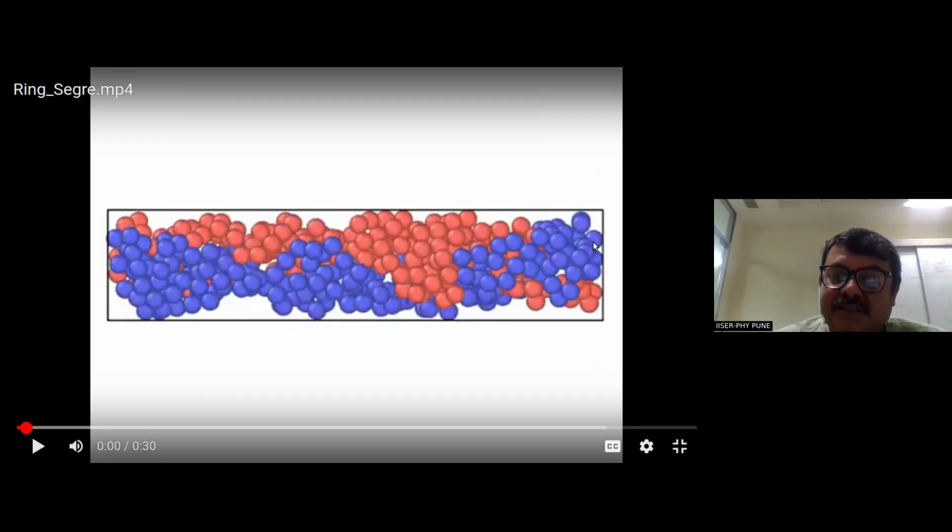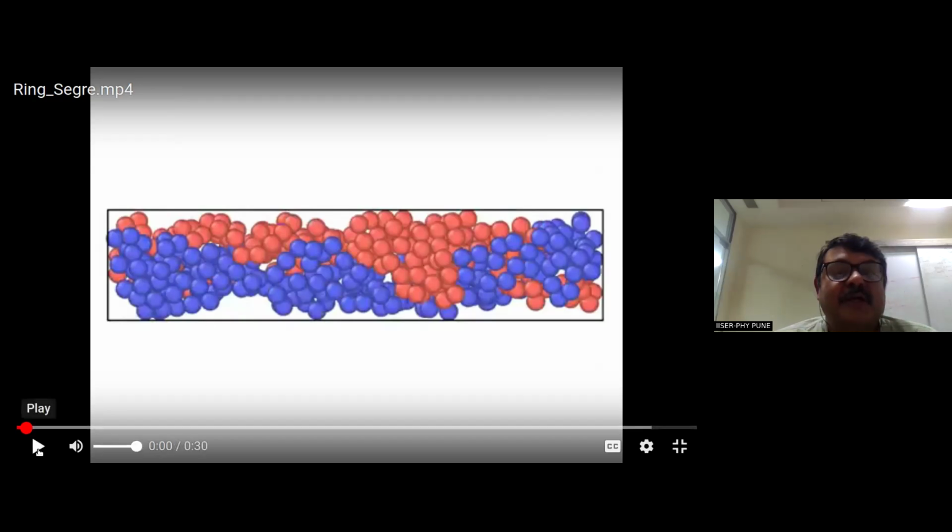Blue is one chain, identified by connectivity, and red is another chain. All that you have is repulsive interaction among each of the monomers. So this blue monomer has the same repulsive interaction with this red monomer as with this blue monomer if it's on top of each other. There's no other way you can distinguish them individually. But chain connectivity is different.